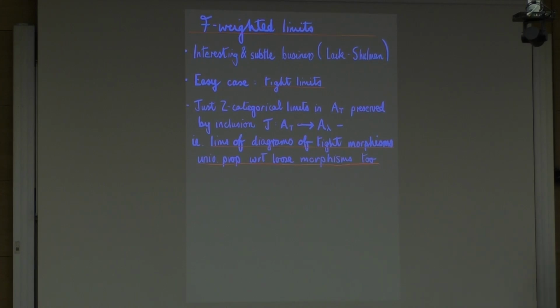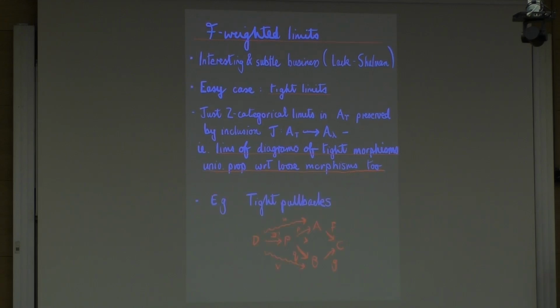Okay, so for example, tight pullbacks. You've got a pullback square of tight morphisms. Okay, so 2-categorical limits, so it should have a universal property for 2-cells as well. But it also has its universal property with respect to the loose morphisms. Okay?